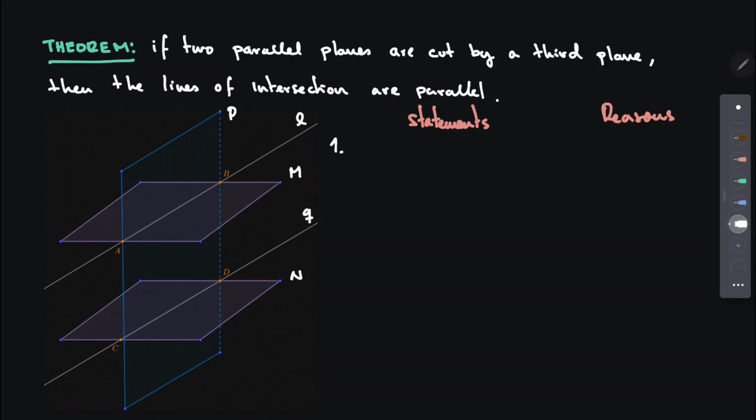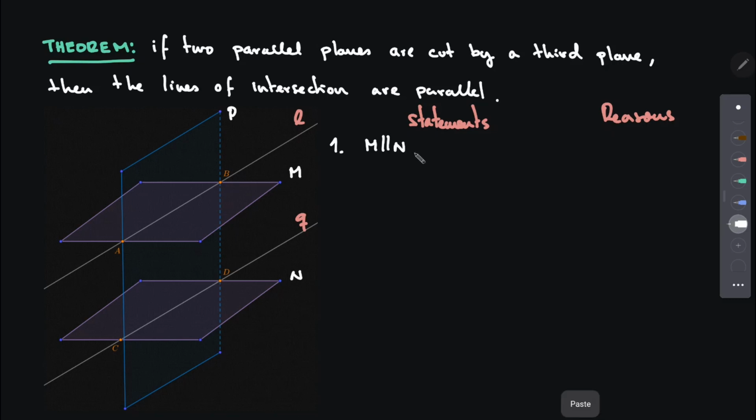It says if two parallel planes are cut by a third plane, so plane M is parallel to plane N, right? And let me put some different colors to this so we do not confuse some of these notations. So plane M is parallel to plane N, and also they are cut by a third plane.